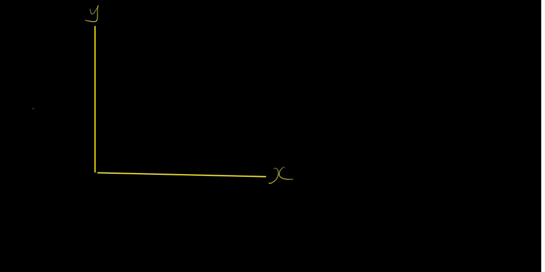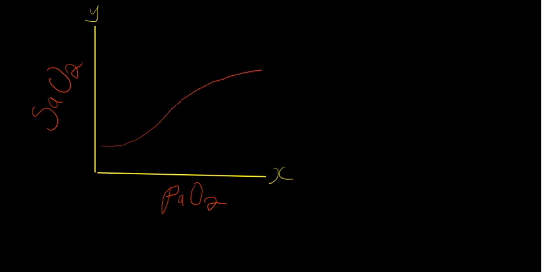So we're going to say S saturation, then oxygen. Then down here, we're going to put the arterial partial pressure of oxygen. Then we're going to draw the sigmoidal shape that we talked about. It moves like this.